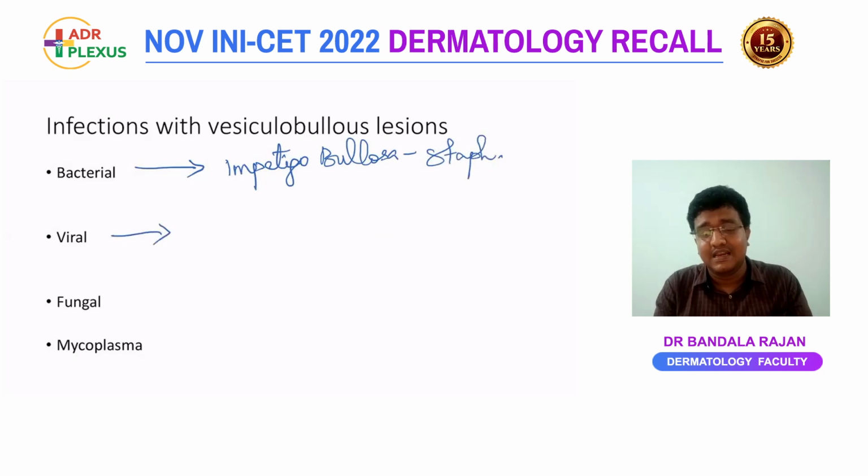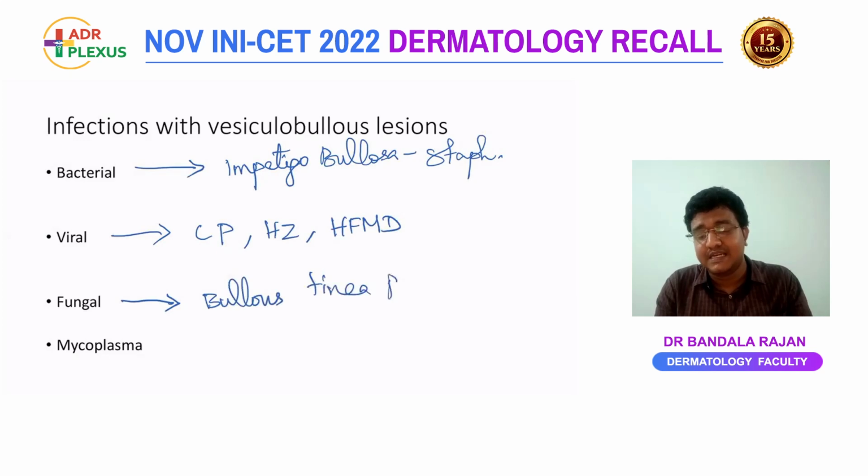In viral, mainly chickenpox and herpes zoster, hand, foot, mouth disease. In fungal, the most common one is bullous tinea pedis. Tinea involving soles may have bullous lesions.